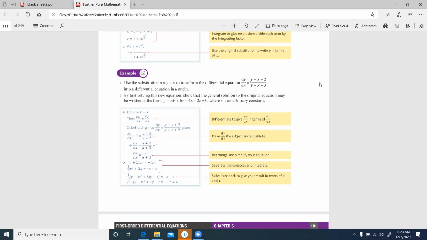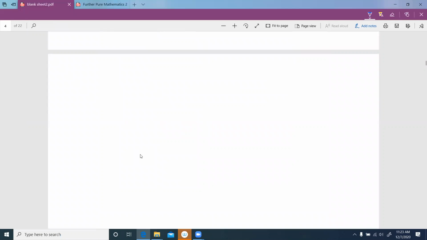Okay. Then initially, let's go ahead with this question. Here, dy by dx is equal to y minus x plus 2 over y minus x plus 3.